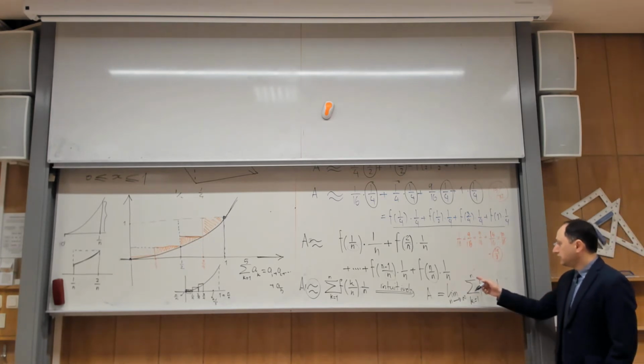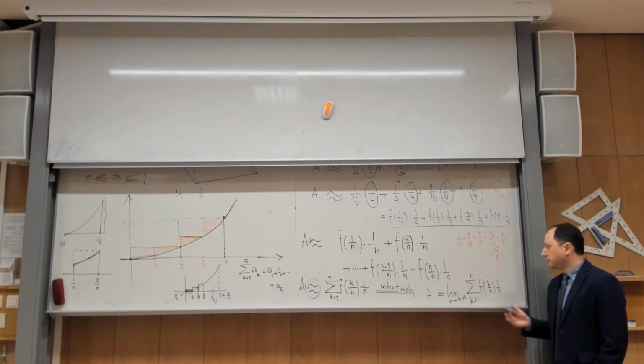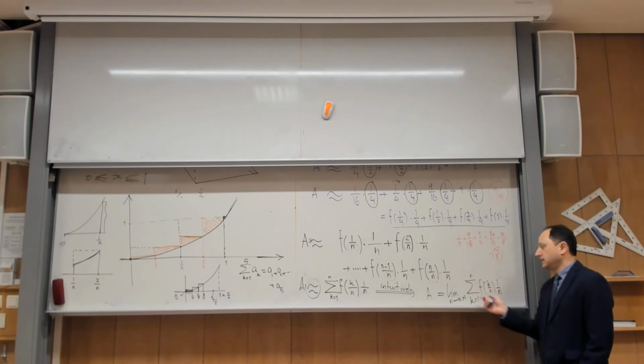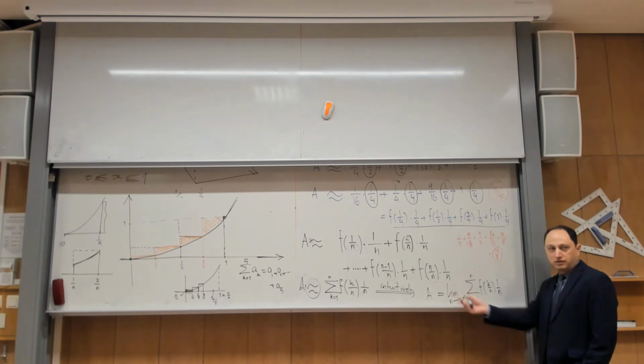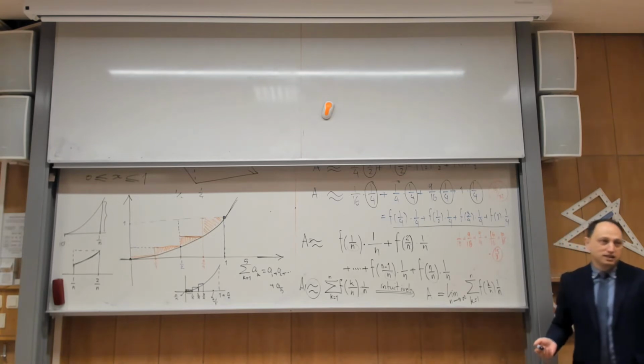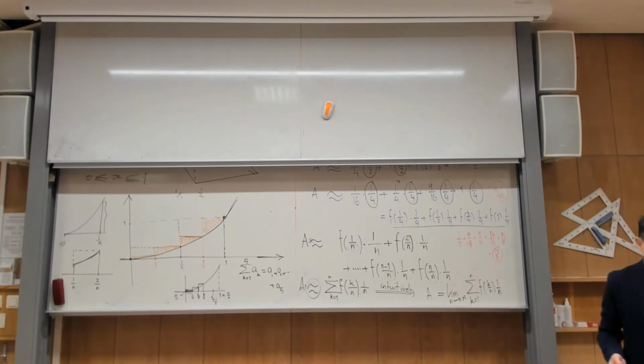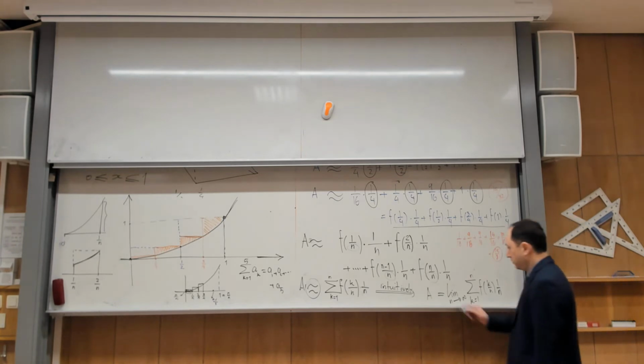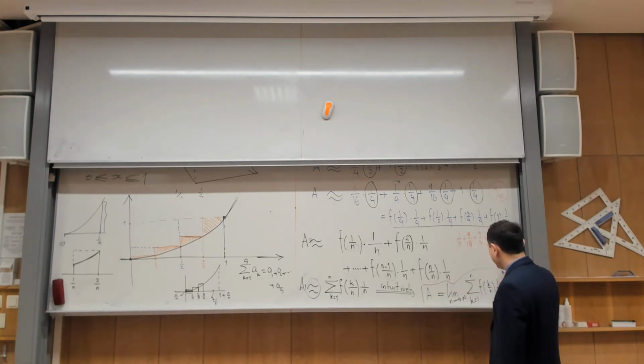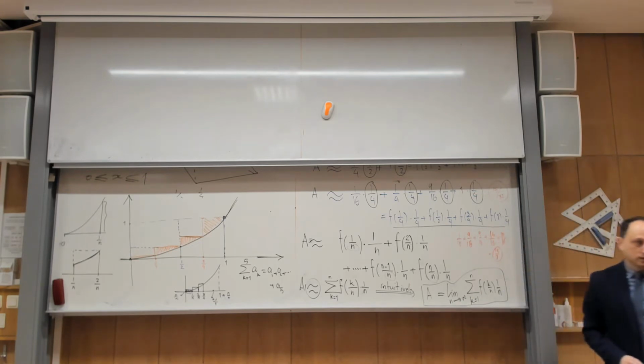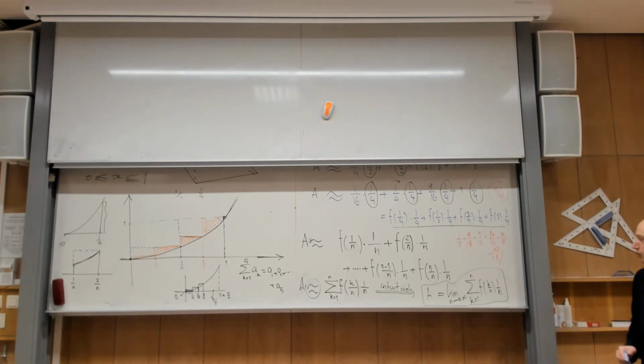Because no matter if I do it with 1 billion rectangles, it's still an approximation. I can get rid of the errors only in one scenario, when n is infinitely large. Of course, there are practical problems, because what is the meaning of infinity? But at least we know how to calculate limits.